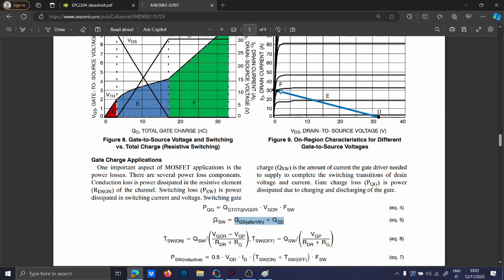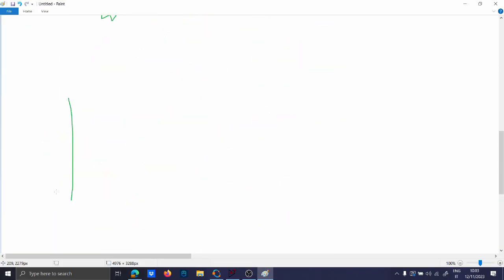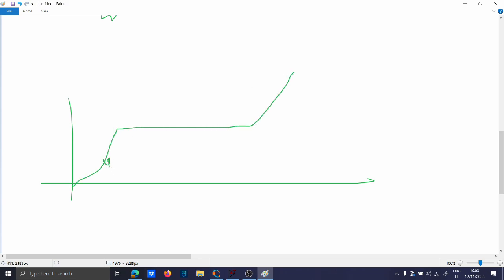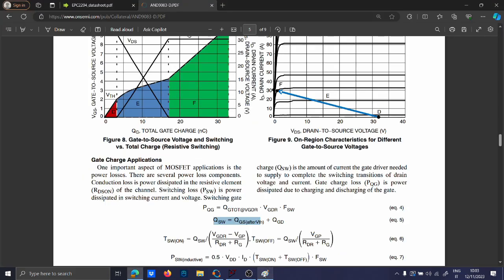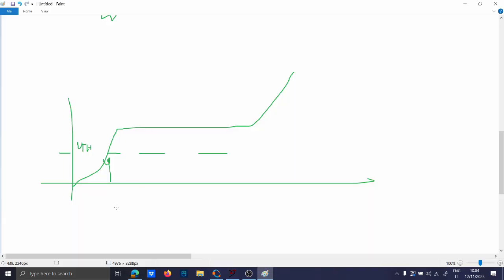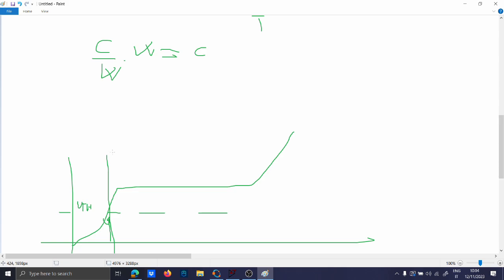He says that the switching charge is required to switch, and you know that the gate charge curve is done like this. At this point here you have the VTH, the threshold voltage. So he says that the switching charge is from the QGS after this point onwards, up to the voltage of the driver that you need, 5 volts, for instance.